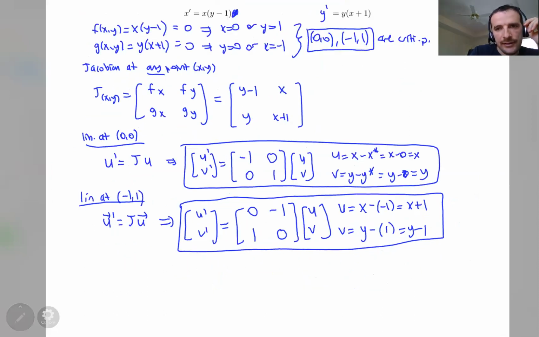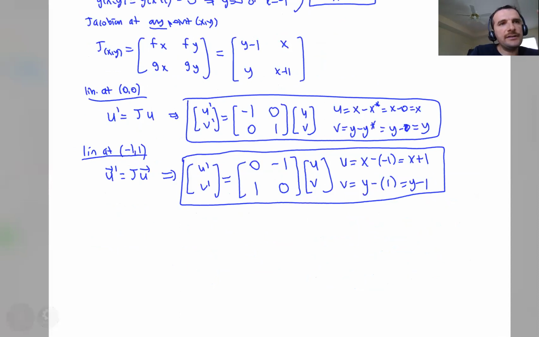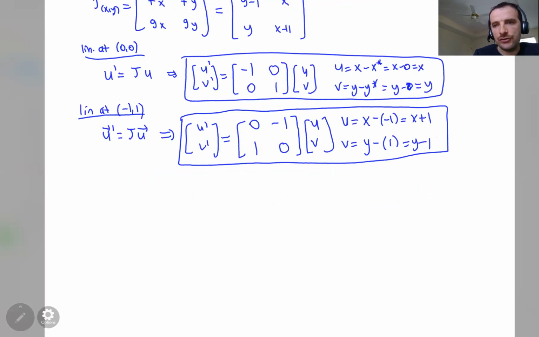Okay. First of all, let's find the type of the equilibrium points, or type of the critical points. And to do so, we are gonna need to find the eigenvalues in each case. So at (0, 0), what are the eigenvalues? For the sake of time, I can write the eigenvalues directly. So lambda is equal to 1 and minus 1.